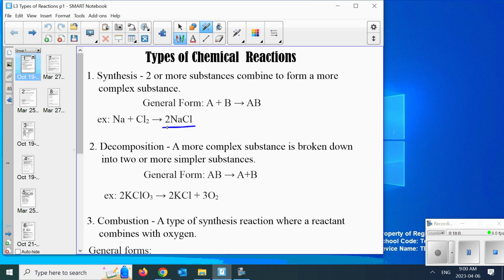It breaks up into its elements, possibly. It doesn't have to break up into its elements. So it could break up into smaller parts, and that's why I want to show you. Here's my general one. A compound breaks up into its elements, or possibly a compound. These are simpler, they're smaller. One of them is smaller. So it doesn't have to break right down to its elements, but it breaks up.